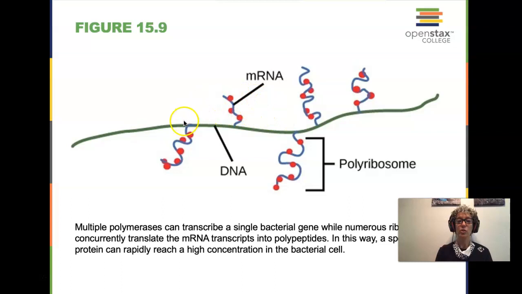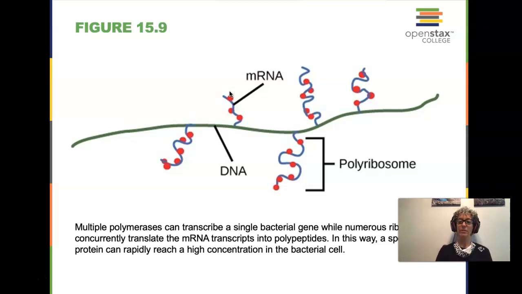So as soon as RNA polymerase starts to make the RNA, the messenger RNA, ribosomes bind to that messenger RNA and start to translate it. So transcription, as soon as there's enough RNA for the ribosome to bind onto, translation begins in prokaryotes.